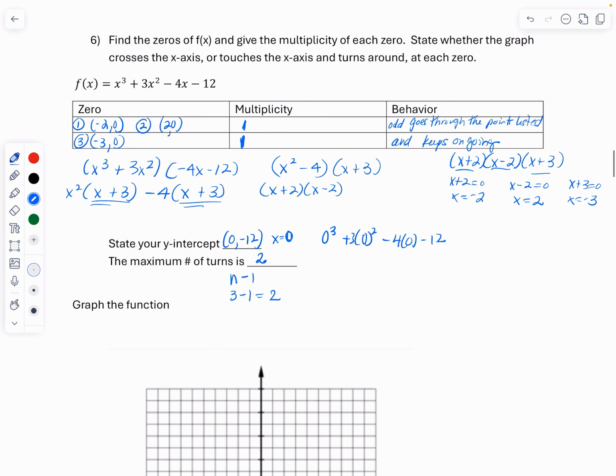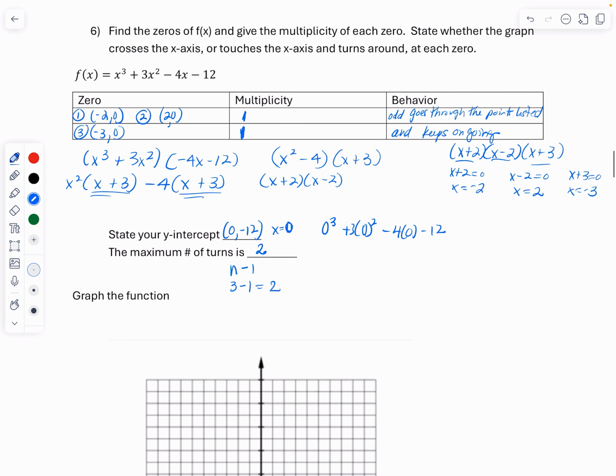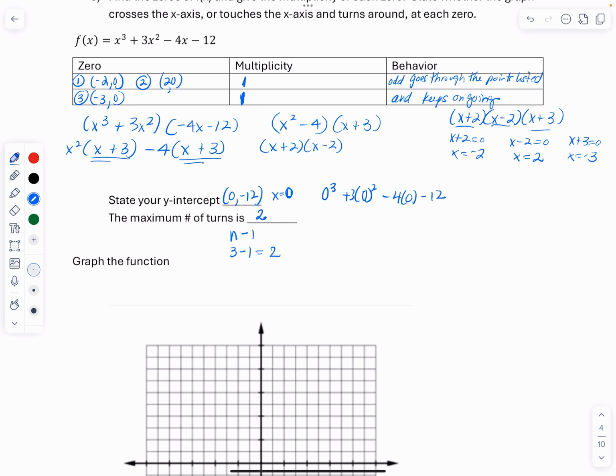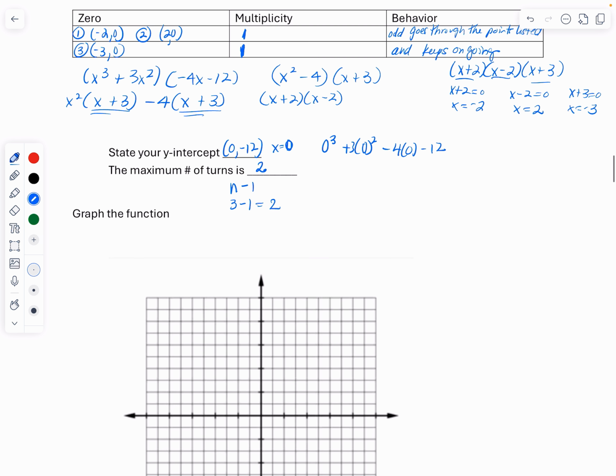For this one, we have to graph the function. All right, so I'm looking through here, and I have negative 2, 0, negative 3, 0, 2, 0, all the multiplicities, right? So I'm going to graph all these points. So before I do, I have to list this out.